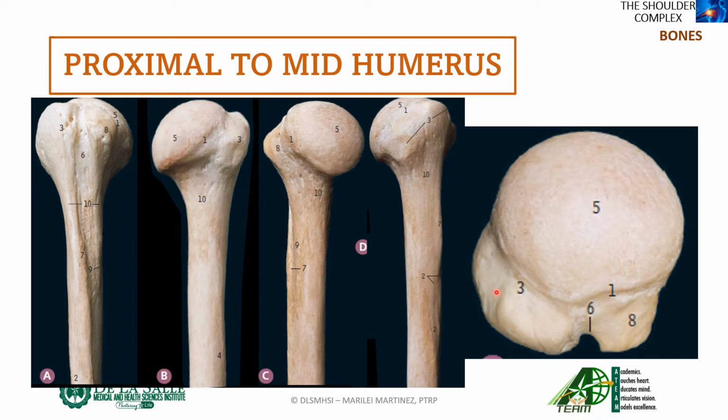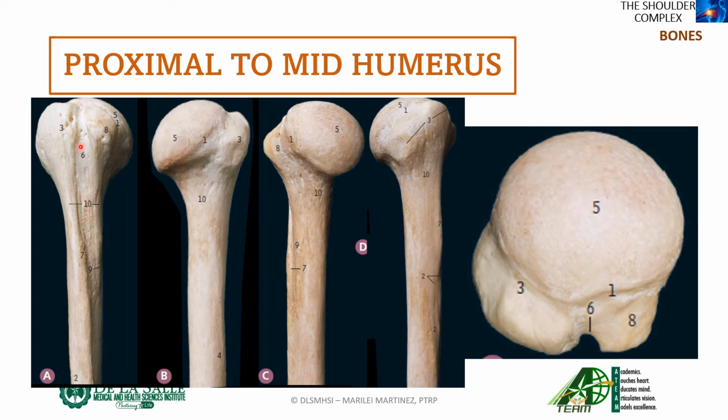These facets are actually attachments of muscles that you have to identify in your handouts. Clue, they are rotator cuff muscles. Your lesser tuberosity is also an attachment for a specific muscle that you have to identify.